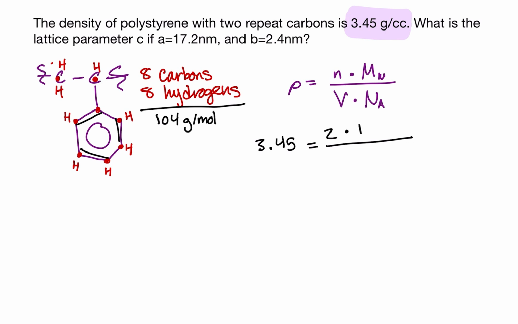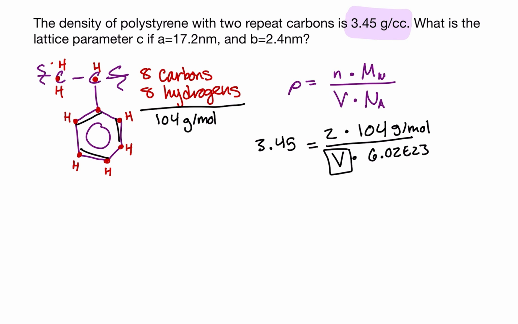So 2 times 104 grams per mole over V. We don't know that, and we always know Avogadro's number. So this gives us a hint that what we need to solve for is V.